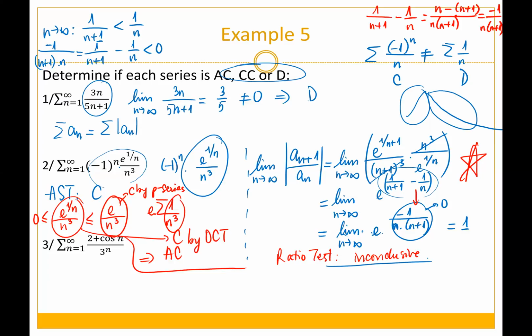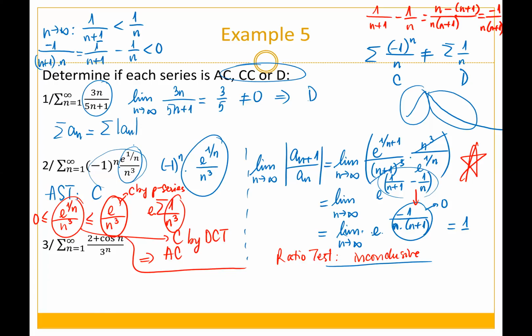So what I did is that because it's inconclusive when we use ratio test, I end up not using ratio test, but I use direct comparison test for the absolute value of the original. So you use the direct comparison test with the absolute value here, right? So that's how I get the absolutely convergent. Is it clear of how I did it, or you want me to explain more? So what happened here is the ratio test is, okay, cool.